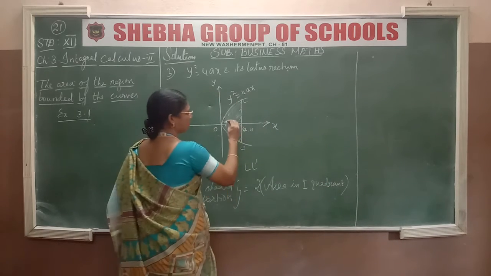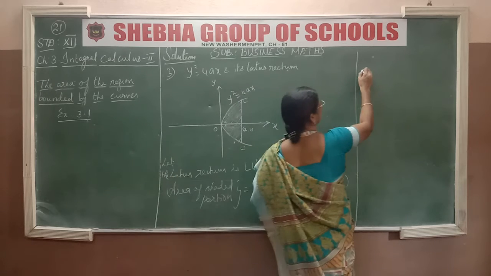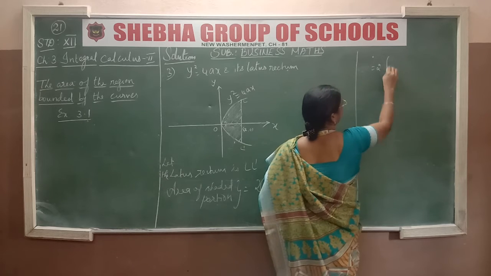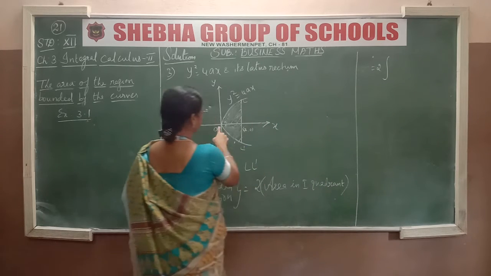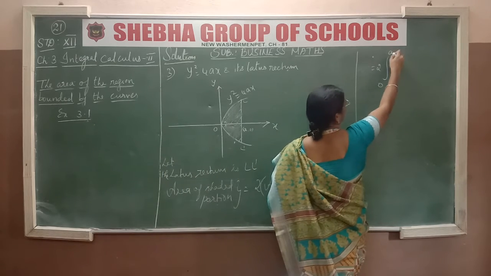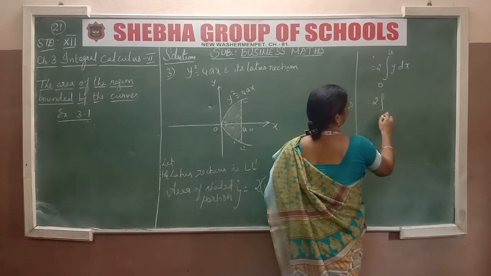Listen, this is above the x-axis. So this is first type. That is, therefore, equal to 2 into integral. Limit is what? Limit is 0 to a. Y into dx. Okay. What is y here?